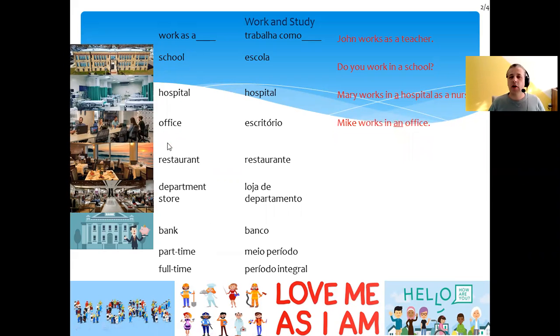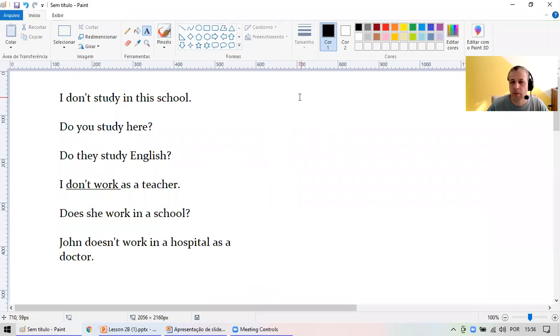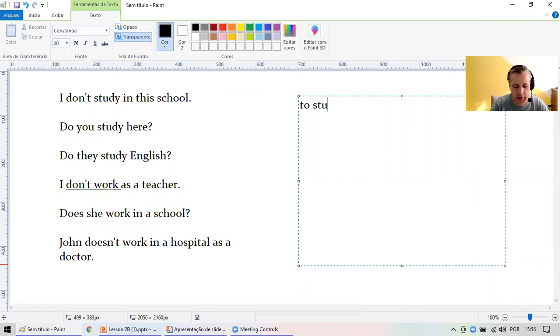Mike works in an office. Mike trabalha em um escritório. Let's change the verb a little bit, guys. Vamos mudar o verbo um pouco. Em vez de work, estudar. So, to study, estudar.